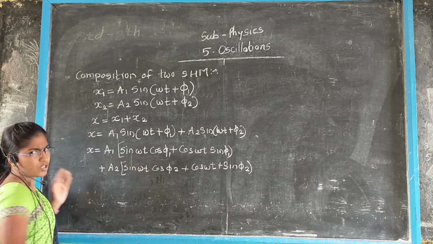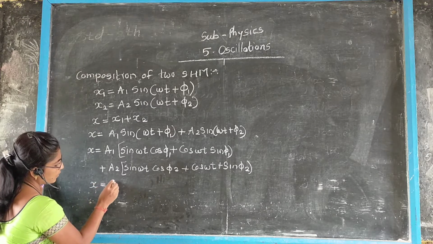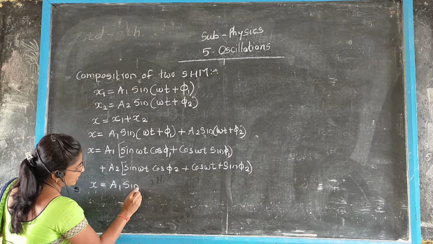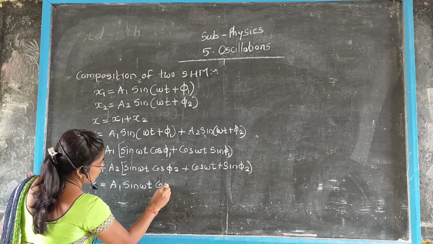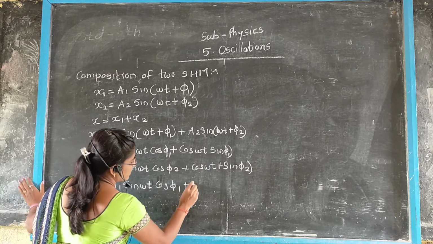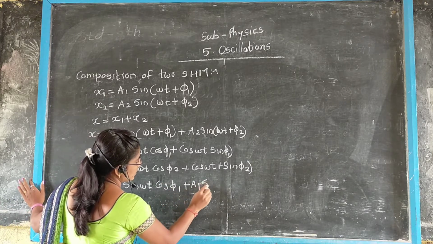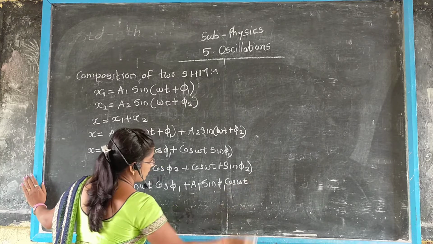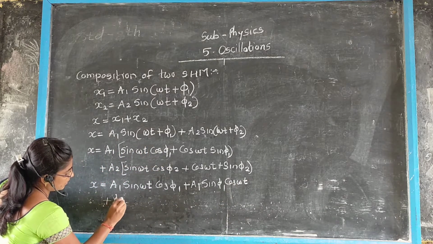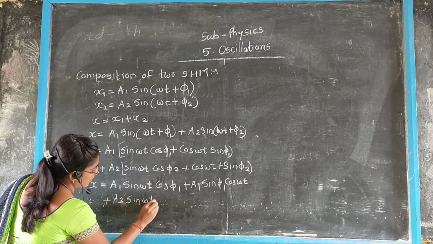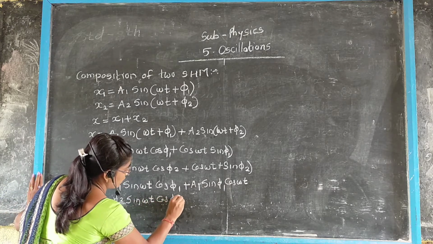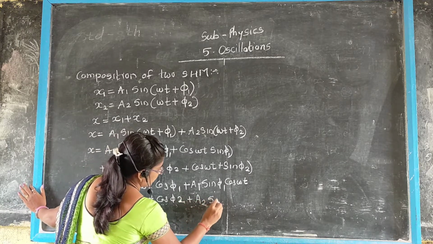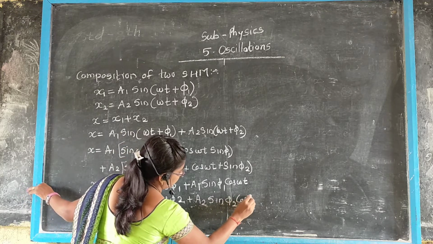Therefore, taking the constants to one side and multiplying, x is equal to a1 sin omega t cos phi 1 plus a1 sin phi 1 cos omega t plus a2 sin omega t cos phi 2 plus a2 sin phi 2 cos omega t.